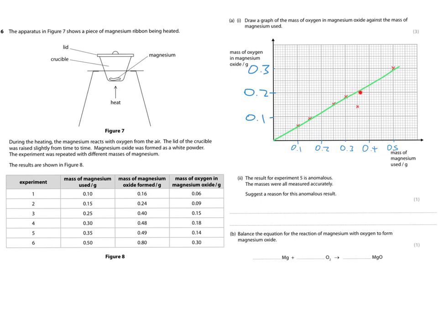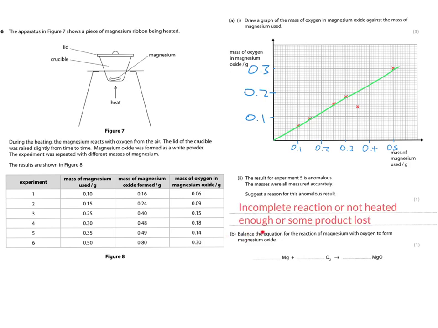Well, maybe the reaction hasn't finished yet, so maybe we didn't heat the magnesium long enough for it to fully react with the oxygen. Or perhaps some of the magnesium or the magnesium oxide was lost. Perhaps when you're moving the crucible to the scales, you accidentally spilt some of it. Any one of those reasons would be accepted.